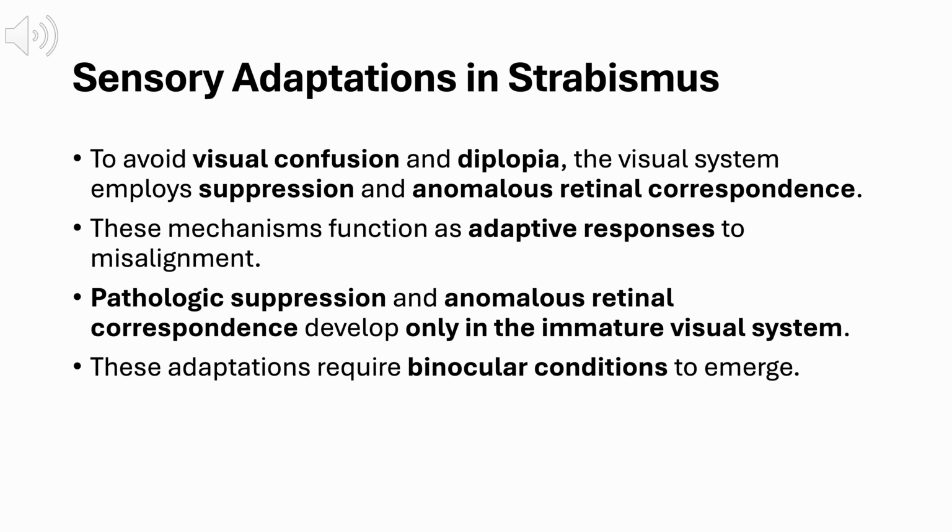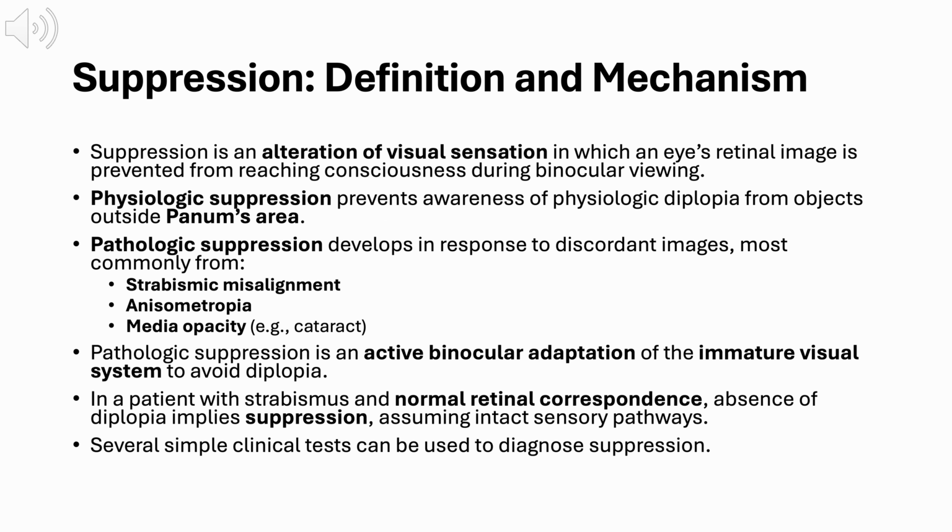These adaptations are not pathologic by default. They are responses to misalignment. Importantly, they only develop in an immature visual system and require binocular input to form. In short, children adapt to strabismus to maintain single vision, but they do so at the expense of normal binocular function.